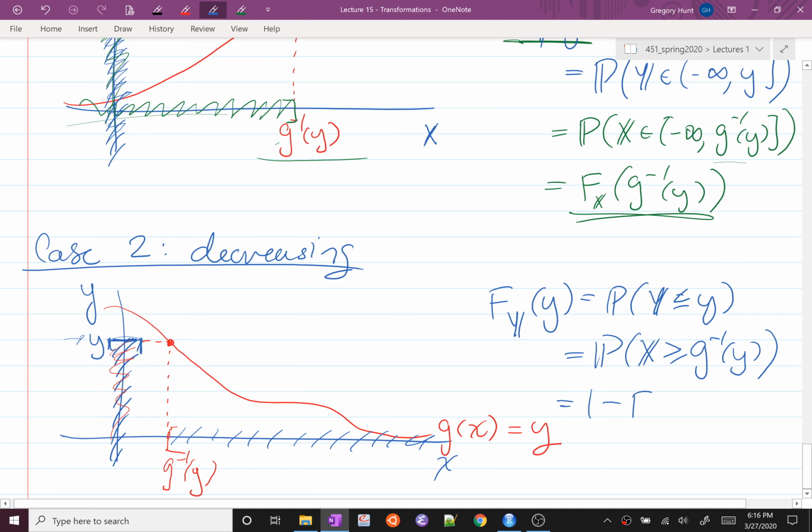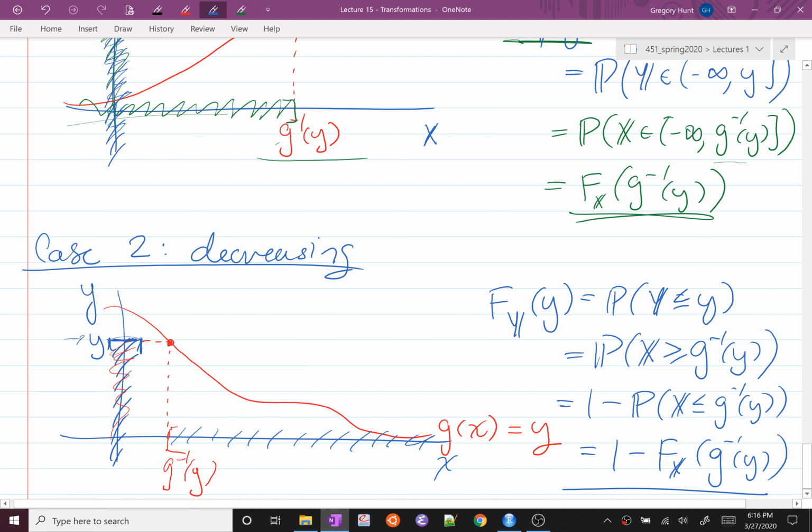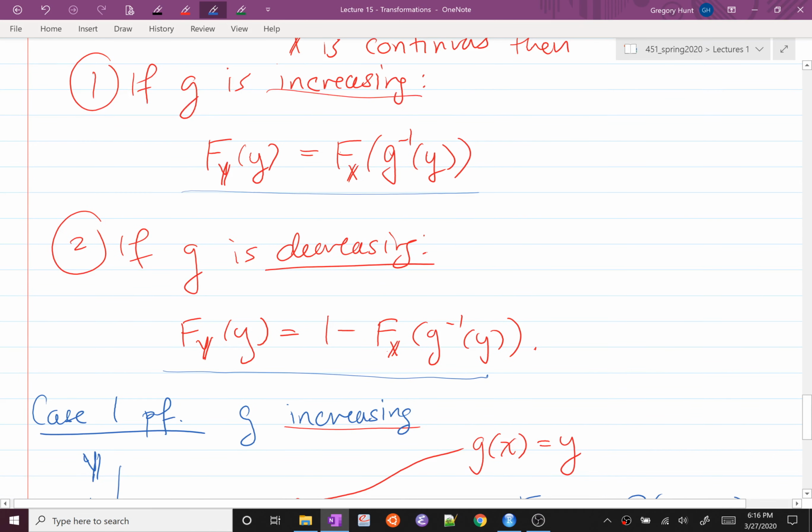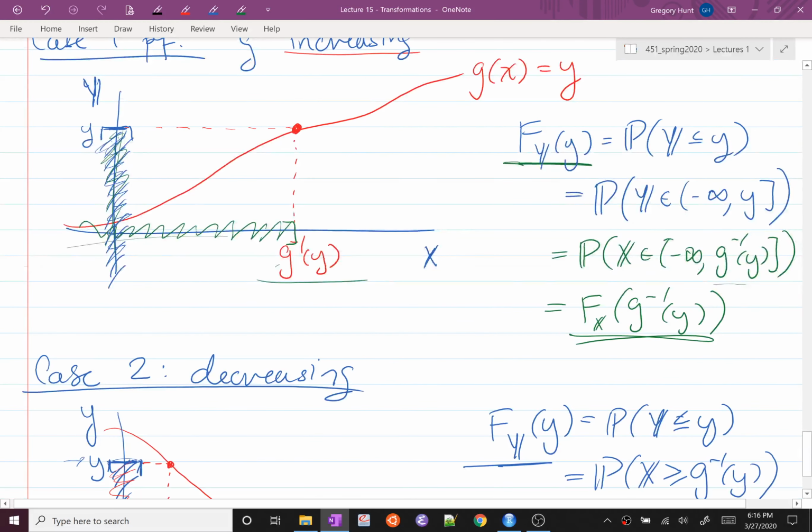And that's 1 minus the probability that X is less than or equal to g inverse of y, which is 1 minus the CDF of x at g inverse of y. And that is exactly my second case of my theorem, which tells me I need the 1 minus in there. So that gives me this case, and the increasing case is really simple. So that's a little proof.